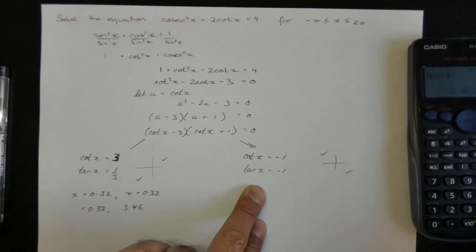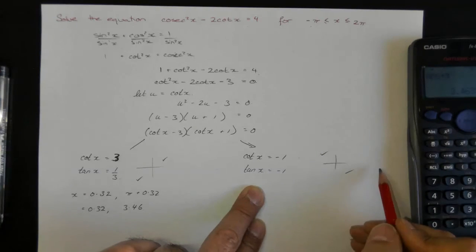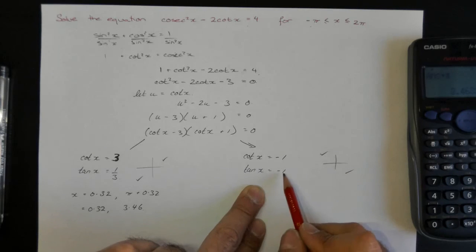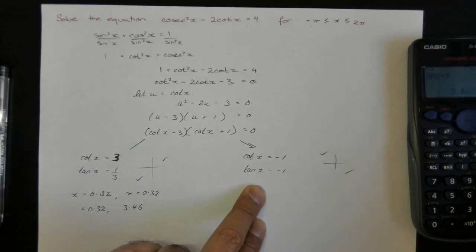So tan, we got negative 1. Tan of 1 is 45 degrees, or pi on 4.